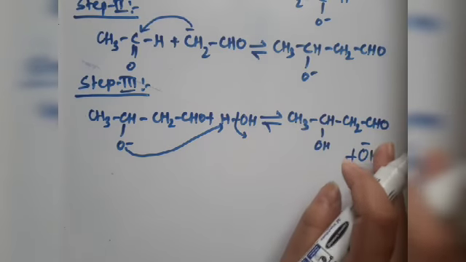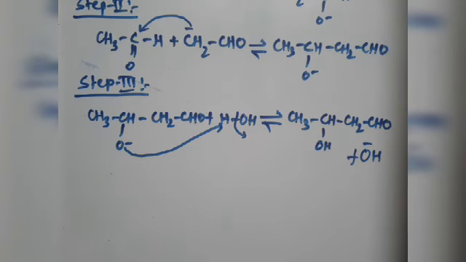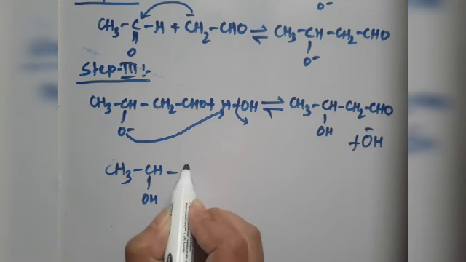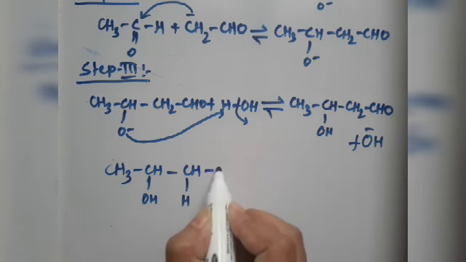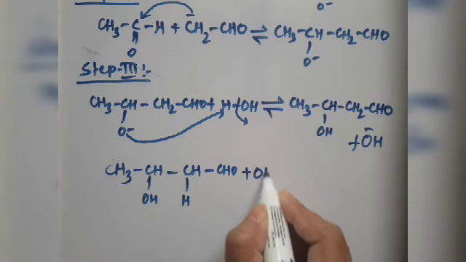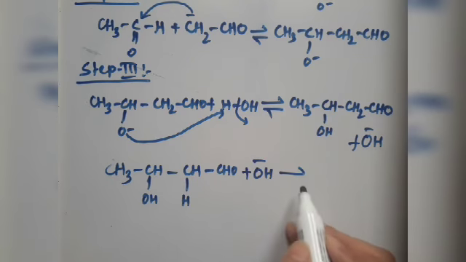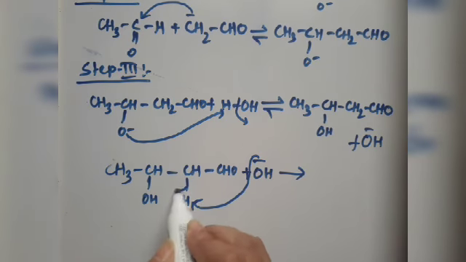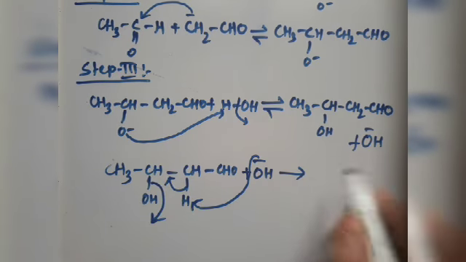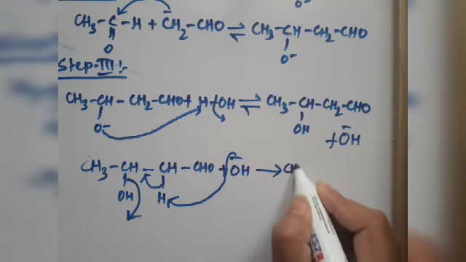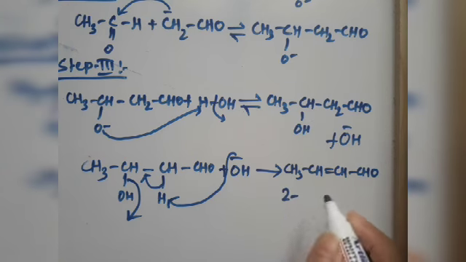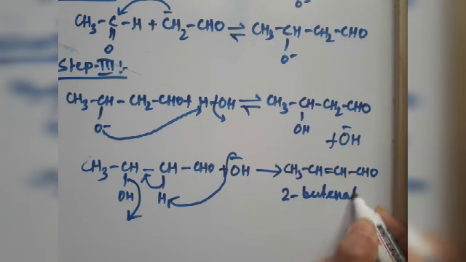So aldol condensation reaction is complete, but as OH minus is present in the medium, what will happen? This aldol which is produced will be dehydrated by OH minus ion. Okay, so this one will abstract this proton and we will have our dehydrated product CH3 CH double bond CH CHO. So this is 2-butenal. Clear?